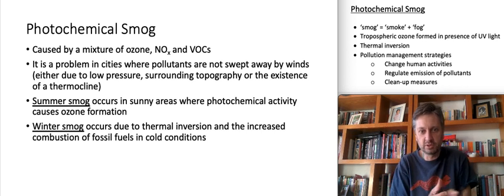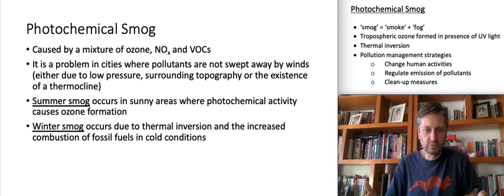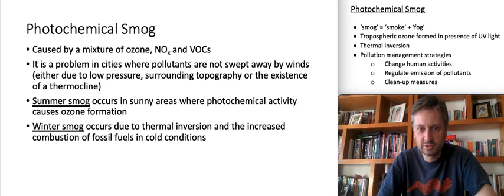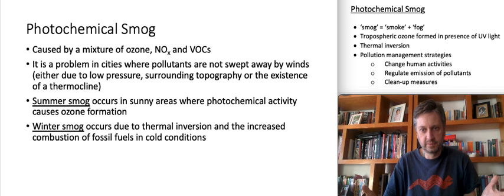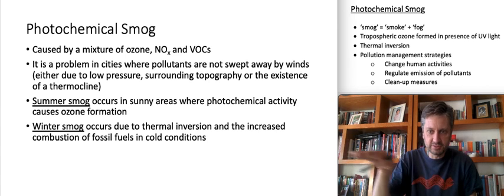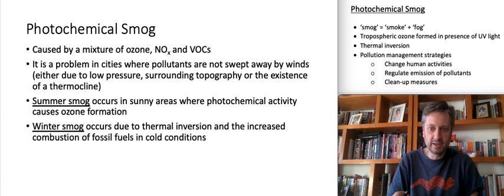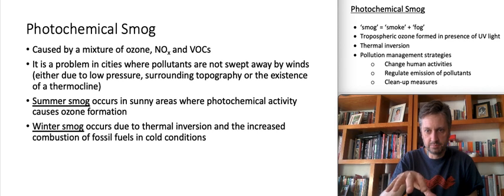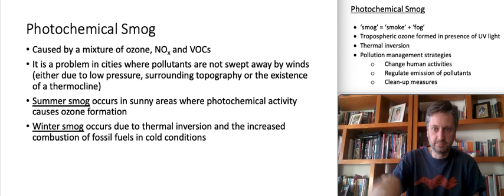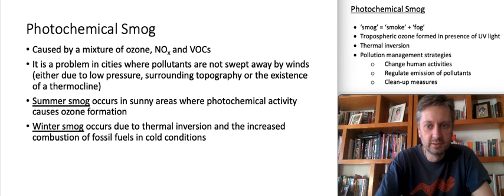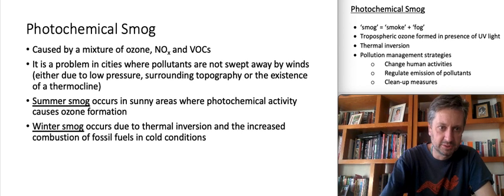And then winter smog occurs when there's a thermal inversion, which I'll try and go into a little bit of detail. Thermal inversion occurs when basically different layers of air exist above a city, and therefore the air that's close to the ground can't mix with higher air. So it kind of puts a lid across the city.